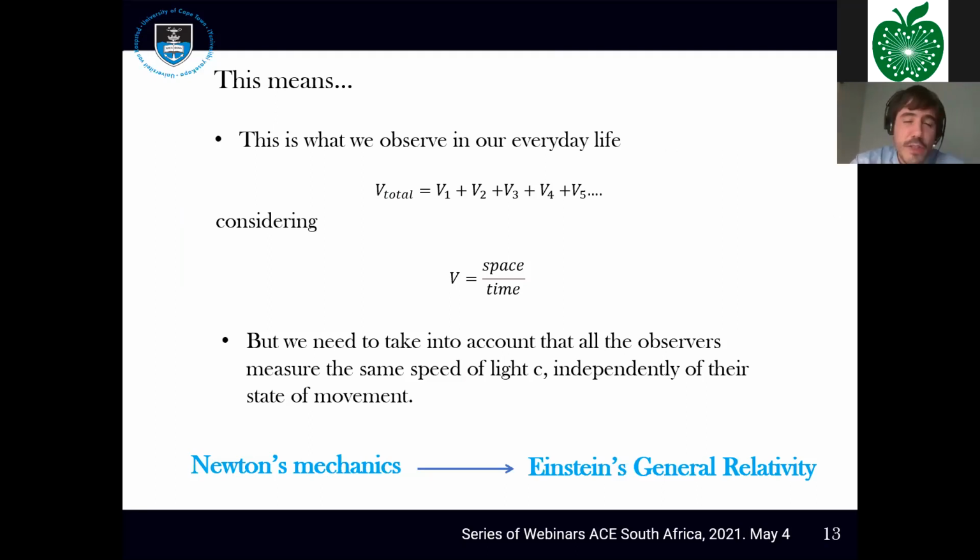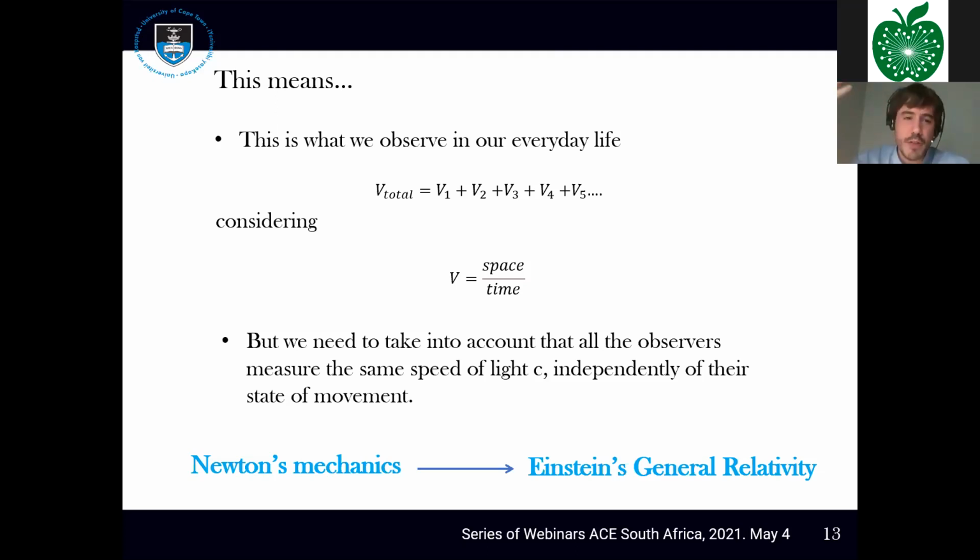And I would also like you to remember from high school that velocity is basically space over time. So this is what we have when we study physics from a Newtonian point of view.